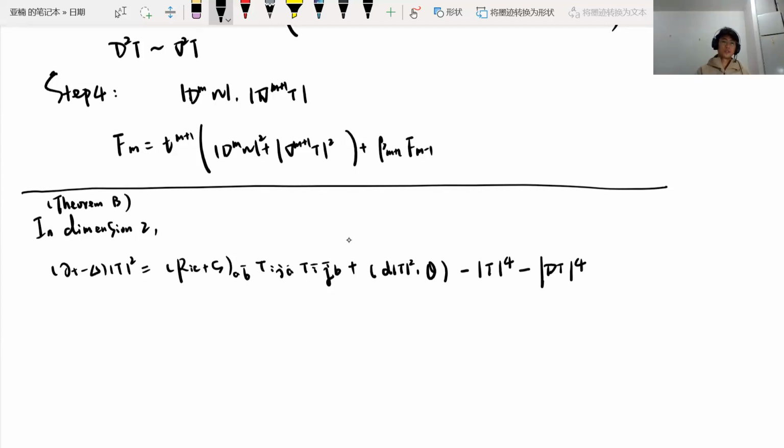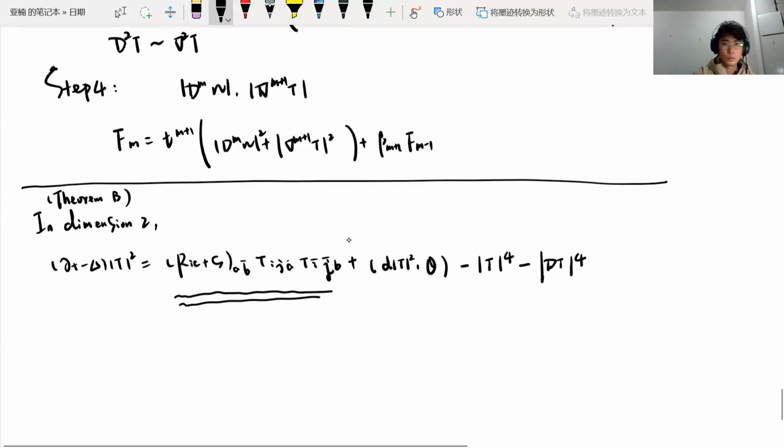So if the Ricci is bounded, then we can obtain the estimate from the maximum principle, and we complete the proof of Theorem B.